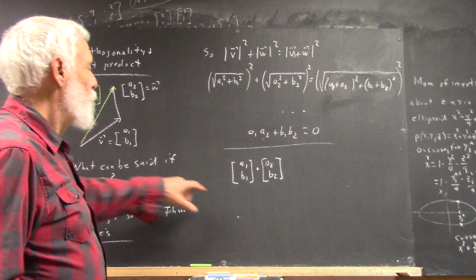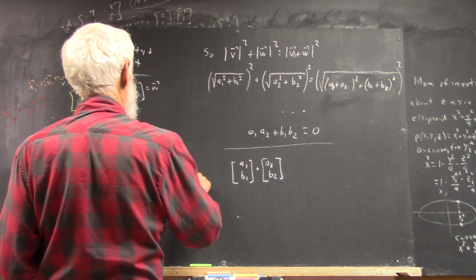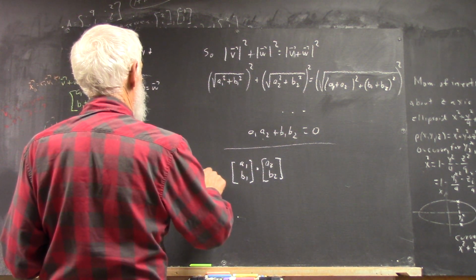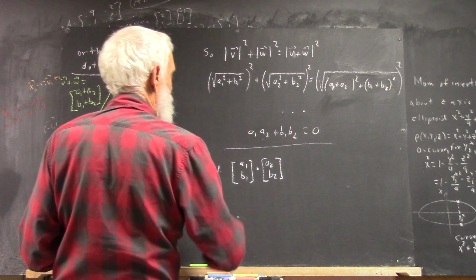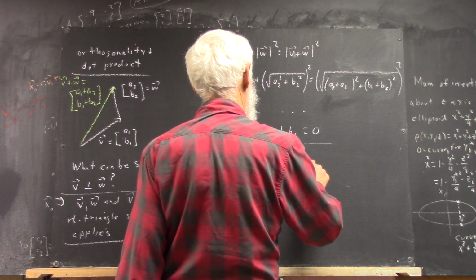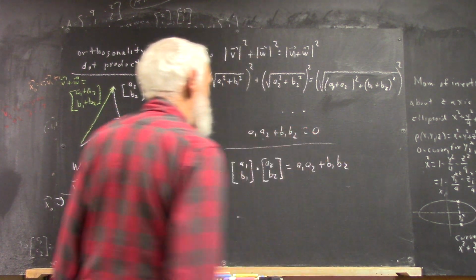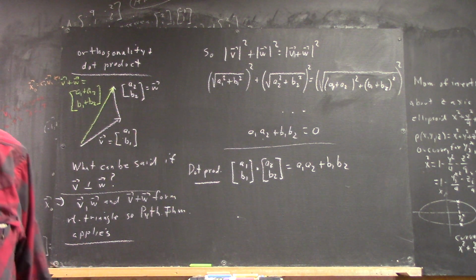Vector A1B1 dot A2B2. This is called your dot product. And it is equal to A1, A2 plus B1, B2.